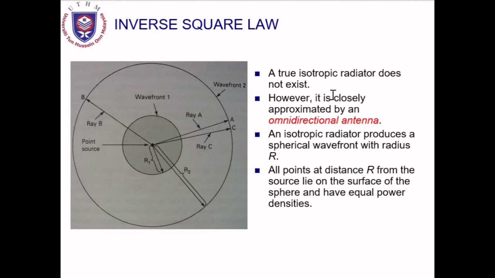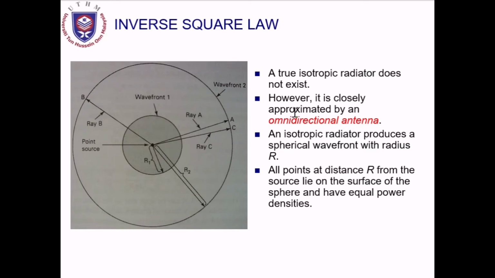However, it is closely approximated by an omnidirectional antenna. This type of radiation does not exist in real life, but we can say that it is approximately similar to the omnidirectional antenna that we're going to discuss in the slides after this.